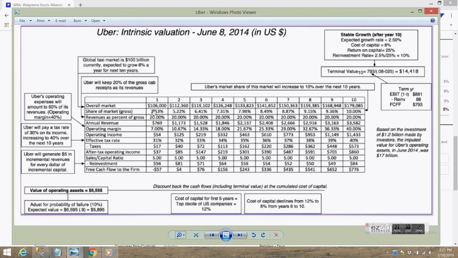Now there's issues with this approach. One is that the individual that shared this valuation told a story of showing it to an executive at Uber, and the executive immediately took exception to the overall market that the analyst was using. And when they looked into it further, the executive said, well, our addressable market is not just ride sharing.